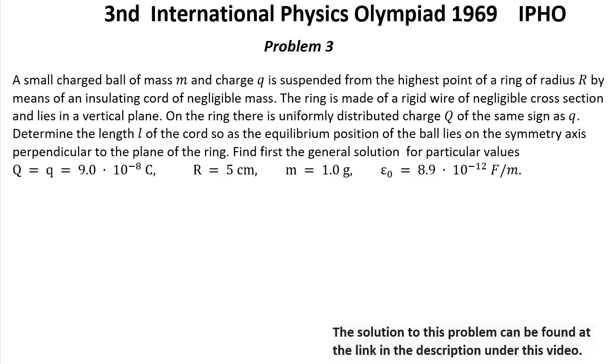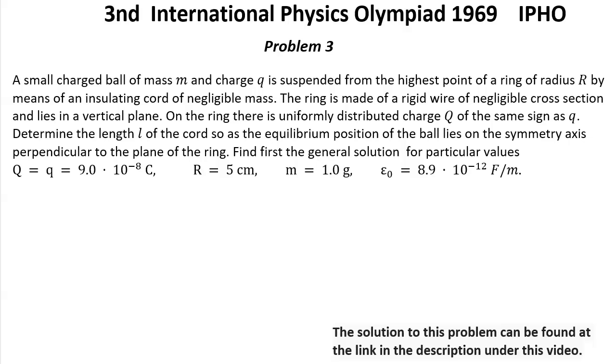A small charged ball of mass m and charge q is suspended from the highest point of a ring of radius R by means of an insulating cord of negligible mass. The ring is made of a rigid wire of negligible cross-section and lies in a vertical plane.